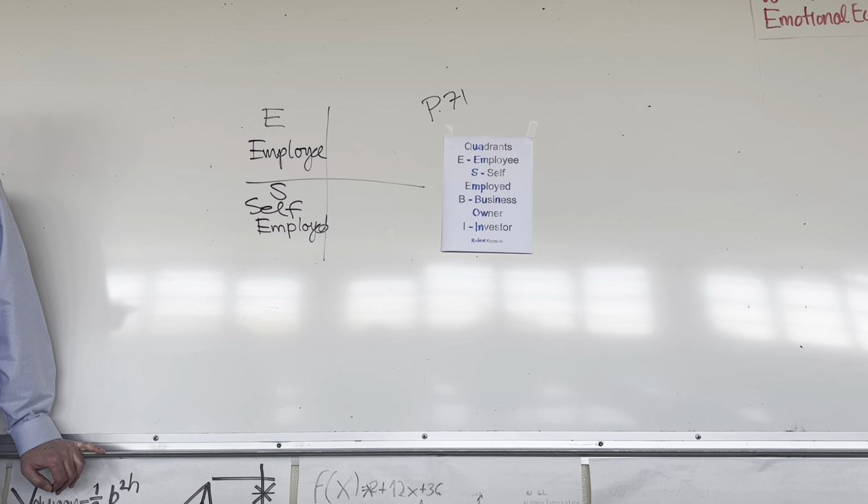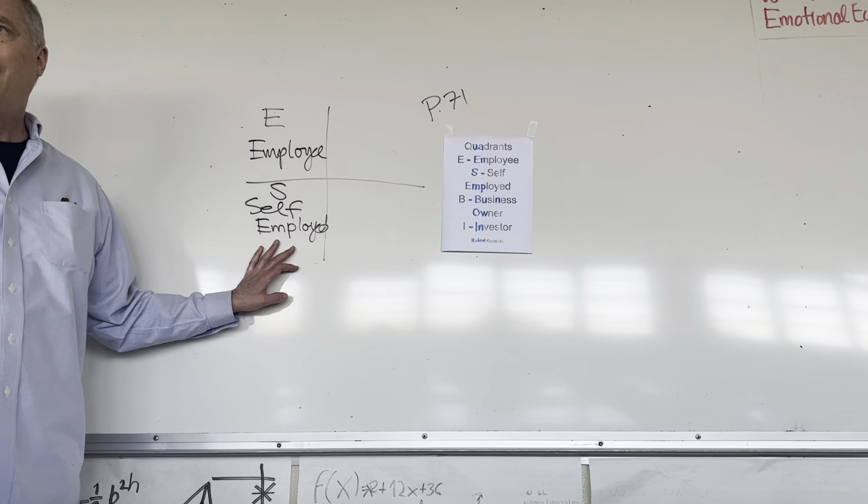Any of them have their own business? It's highly likely in this room. Does this sound familiar to you? Okay, so self-employed is a person that has their own business and works for themselves. Does this make sense?